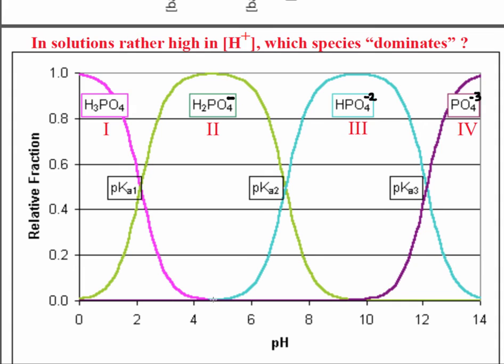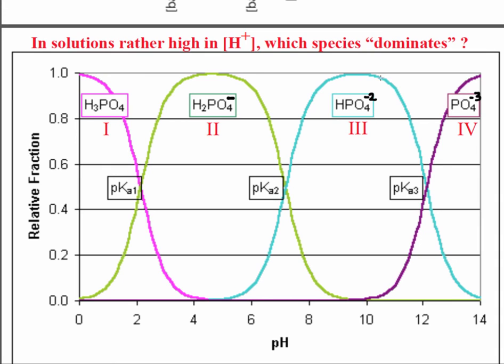At a pH of about 5-ish, I have a whole bunch of this and very little of this. At a pH of about 7 something, I have a 50-50 mixture of this one and this one. At a pH of about 9.5, this stuff goes to nothing. This stuff's also nothing. And this stuff has gone to maximum.